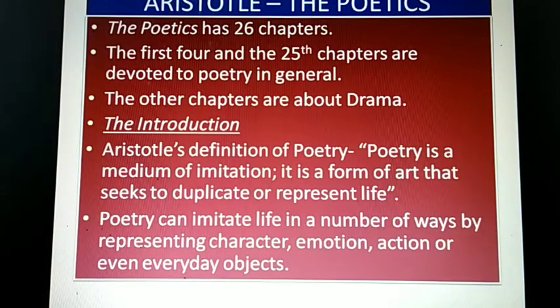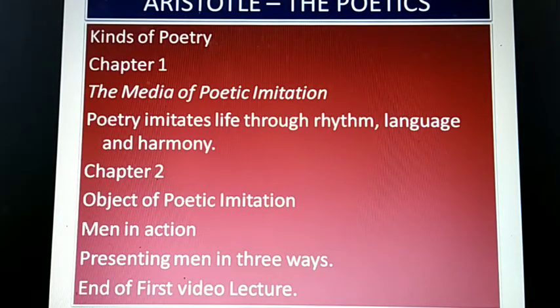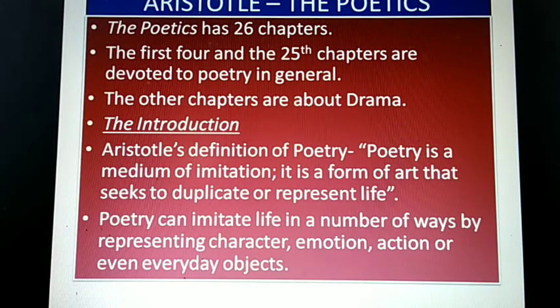Now, we will look at the Poetics prescribed for us. We are looking at each and every chapter of the Poetics, and we know that the Poetics has 26 chapters. Today in this lecture we will be looking at the introduction and the first two chapters of the Poetics.